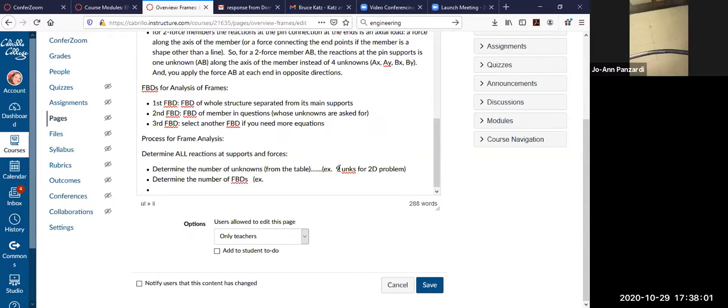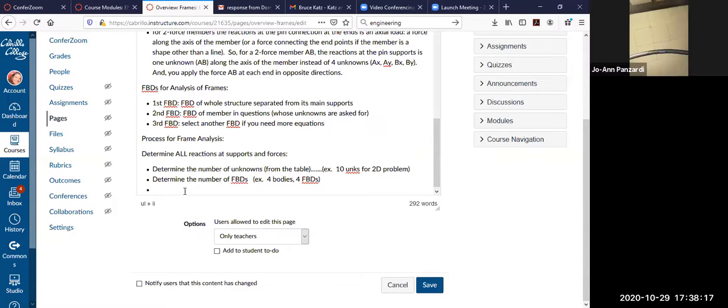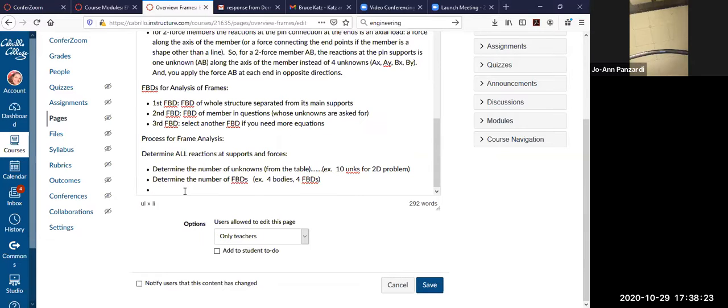Right. So I want to do a different one. 10. How many bodies do I need? 4 bodies. Okay, and then select. I mean, I would just say do the force equations, but it's your choice.